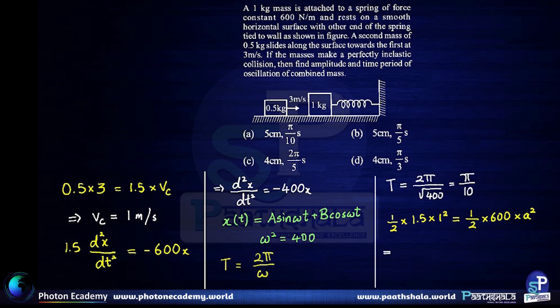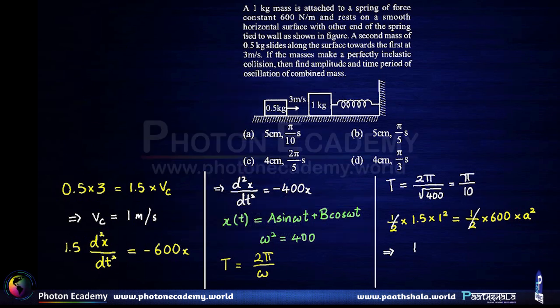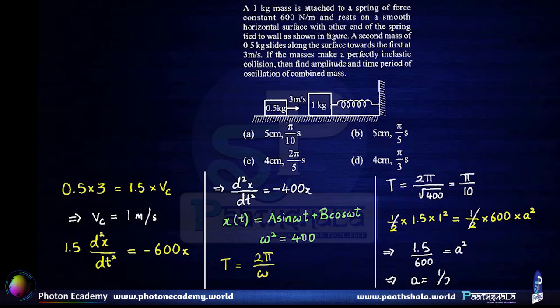So then we can calculate this: the 1 by 2's cancel out, 1.5 by 600 is equal to a square, or a is equal to 1 by 20 meters. Since 1 by 20 meters is 5 centimeters, option A is the correct answer.